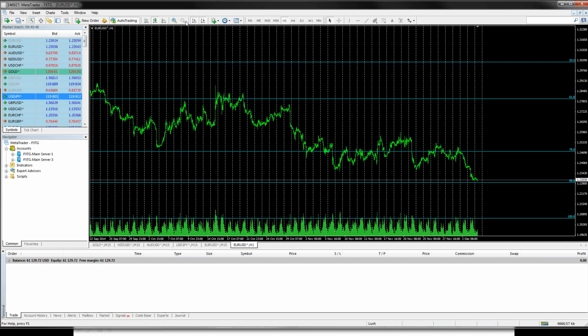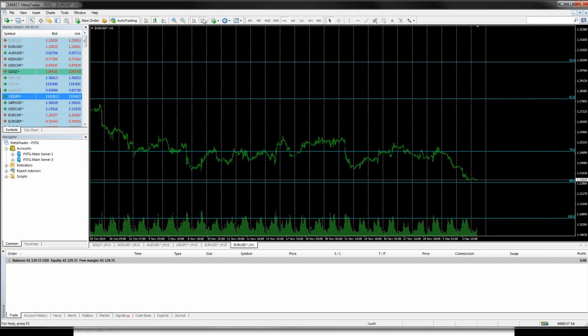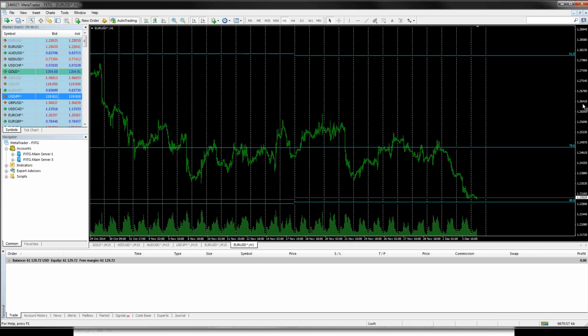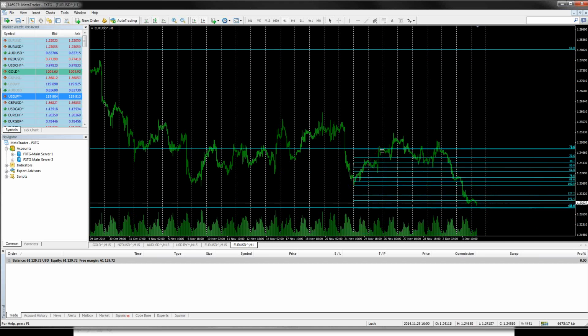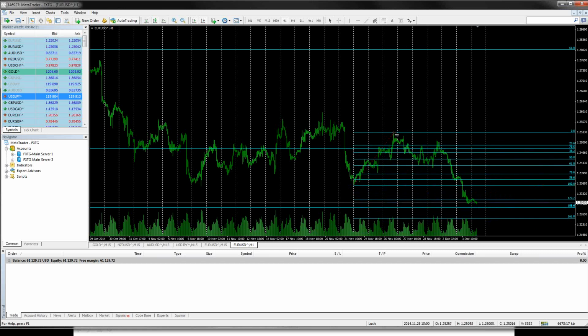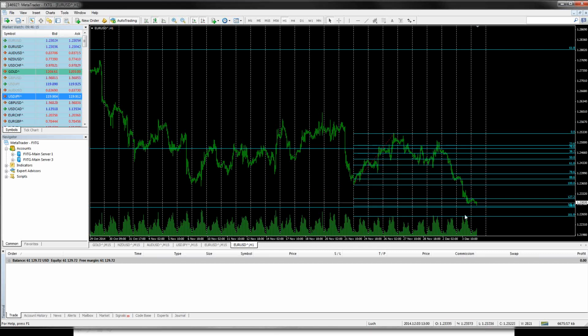Okay, let me just fix this up this way. Now it's looking like something. Now I can basically find a low from here and extend it back up again. So you can basically use the tool on any time frame you wish.